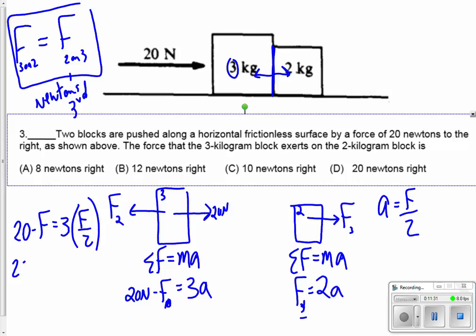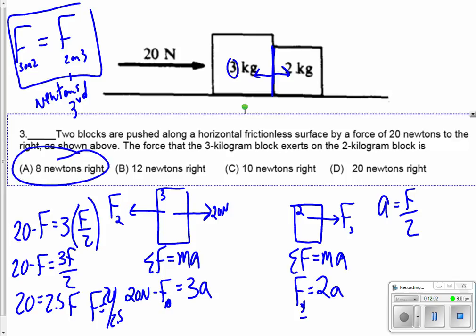So I get 20 minus F equals 3F over 2, or 1.5 F. So that means 20 has to equal 1.5 plus 1 equals 2.5 F. So F equals 20 over 2.5. What's that? 20 over 2.5 is about 8, right? So 8 newtons to the right.